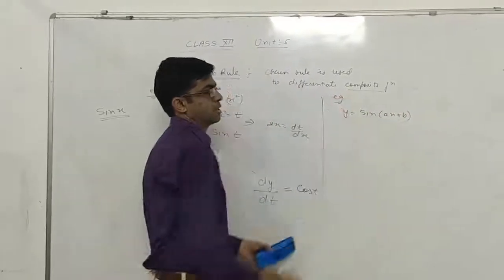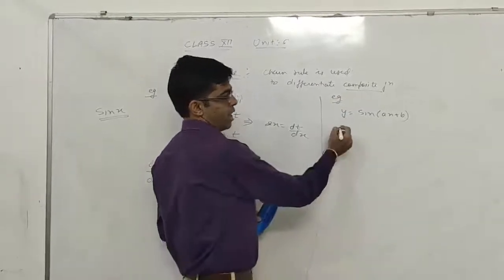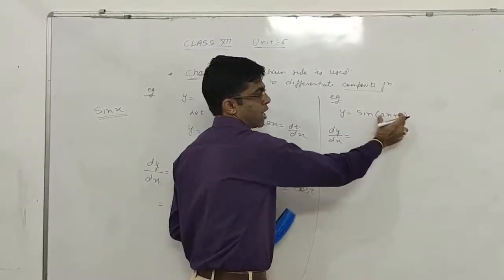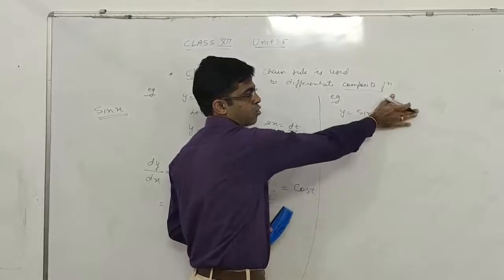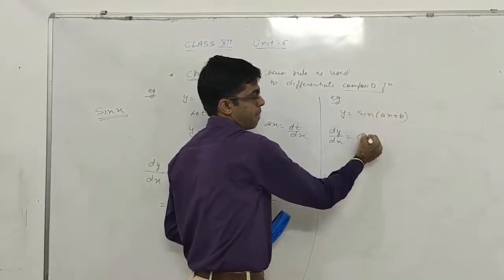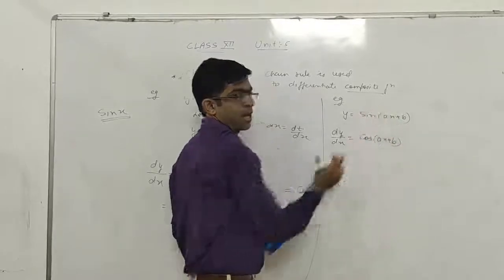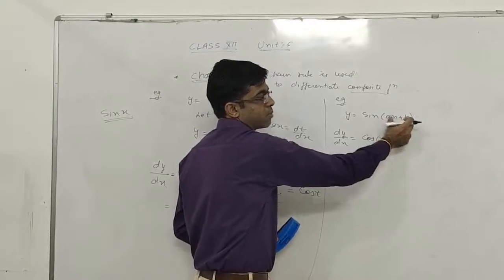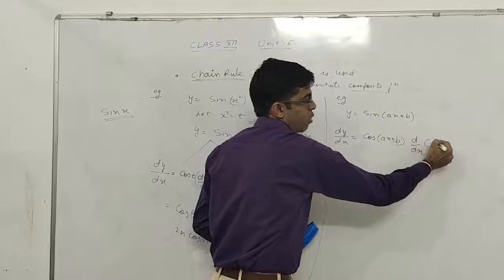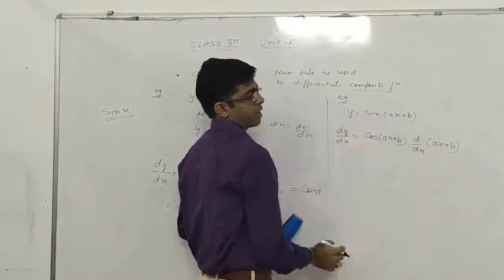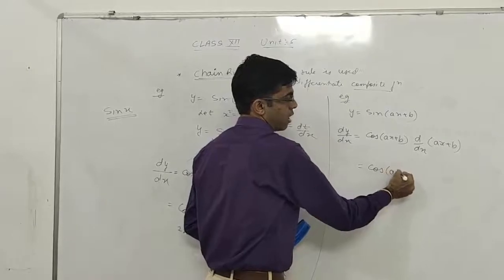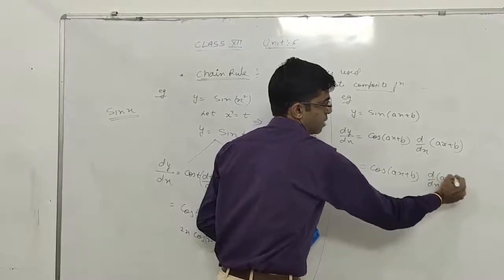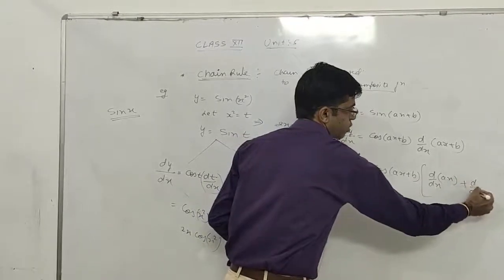Now another example is sin of ax plus b. So simply if we want to differentiate this with respect to x, firstly, the differentiation of sin is simply cos, and now this angle, actually we know that the differentiation of sin x is cos x, but this angle is not x, this is ax plus b, so we have to differentiate this also. ये वाले पार्ट को भी differentiate करना पड़ेगा, तो this is cos of ax plus b, and the differentiation of this is d by dx of ax plus d by dx of b.